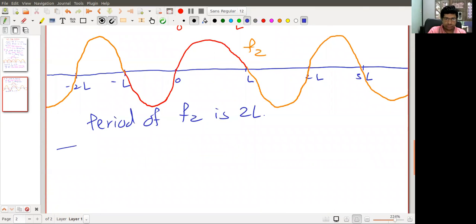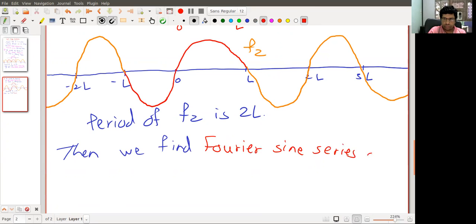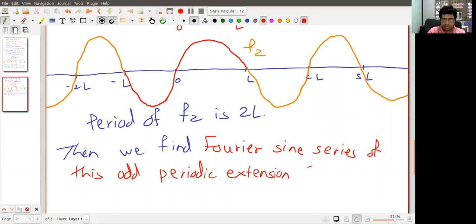Then we find Fourier sine series of this odd periodic extension f2. Okay, let us solve one example.